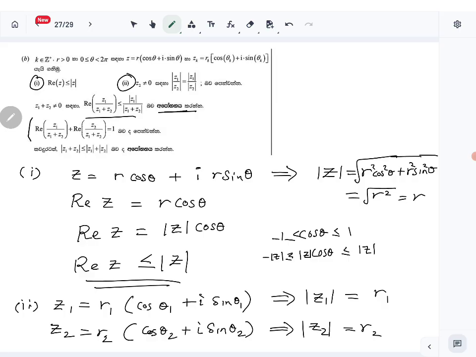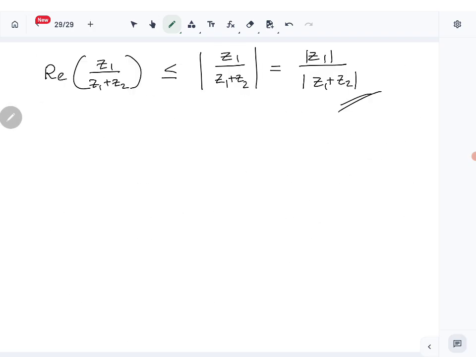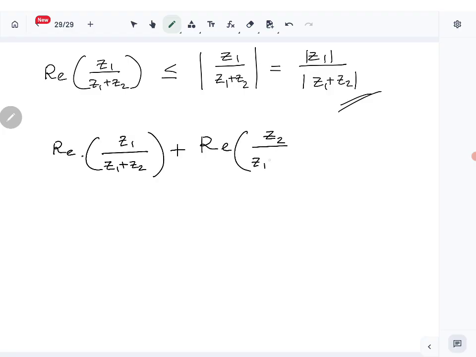Then the next one, this one we have to prove, right? Let's see how to prove that. Real Z1 over Z1 plus Z2 plus real Z2 over Z1 plus Z2 has to be equal to 1, right? So we'll use the left hand side. Real Z1 over Z1 plus Z2 plus real Z2 over Z1 plus Z2.